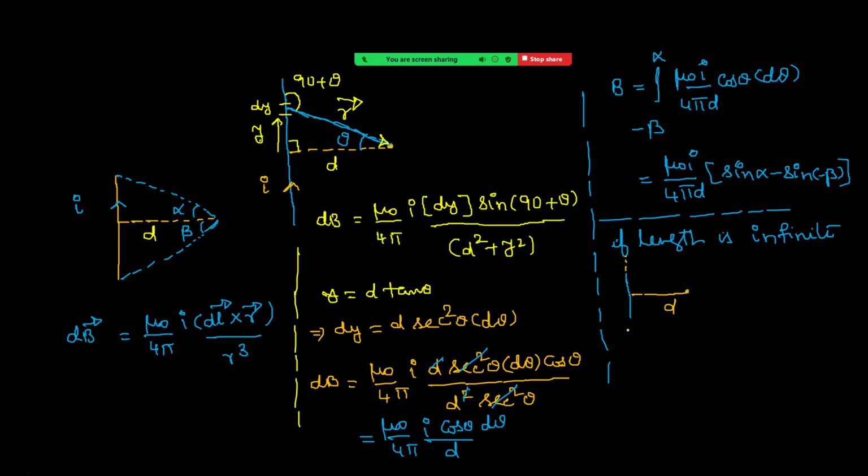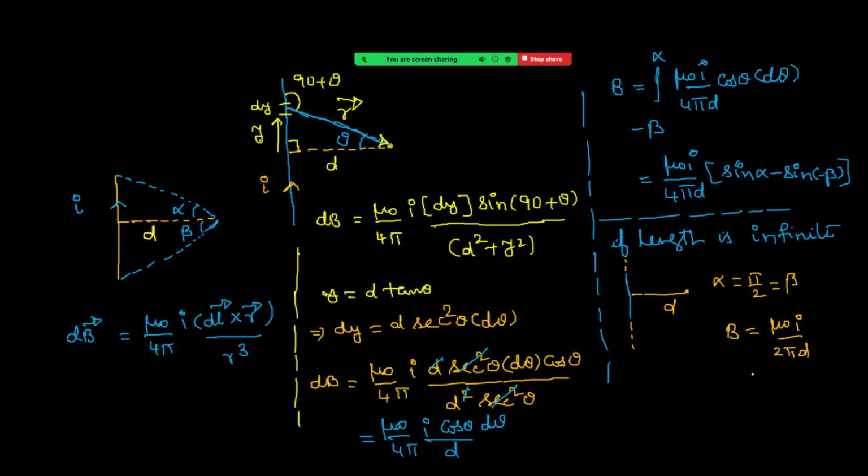This extends up to infinity, here also up to infinity, right? Then alpha is 90, beta also 90. Means one is clockwise and one is anti-clockwise. Substitute that here. Sine 90 minus sine minus 90. Minus of minus becomes plus because sine minus 90 is minus 1. That means its value is now B equals mu naught I by 2 pi d.